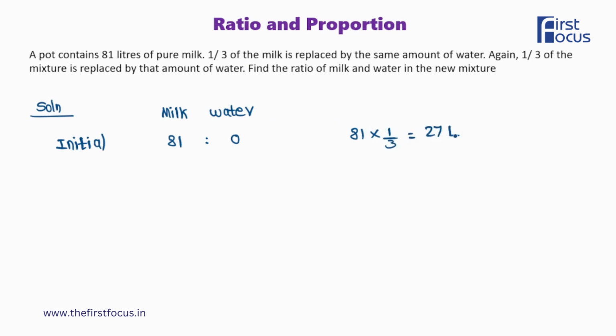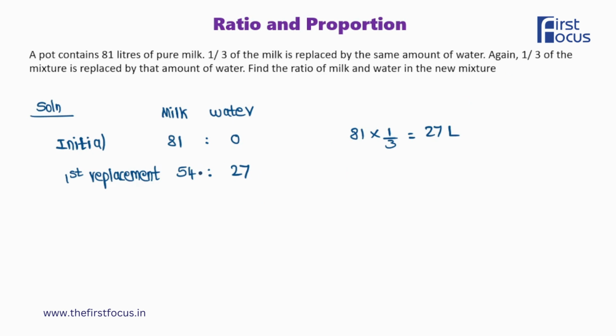So 27 liter of milk has to be removed and replaced by water. So in first replacement, the mixture will become 81 minus 27 is 54 and 27 liters of water is added. The ratio is 54:27.